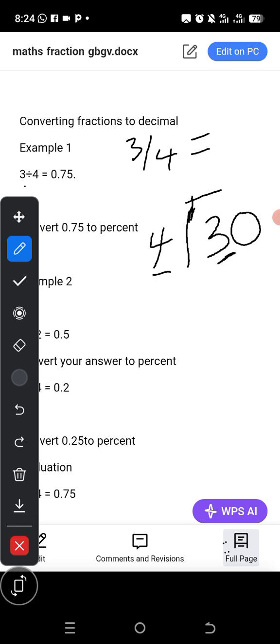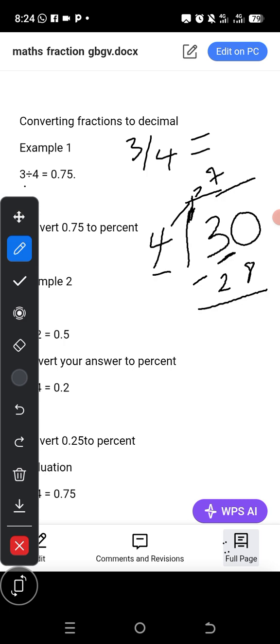So 30 divided by 4 will give us 7. You write your 7. Now you say 4 multiplied by 7, and that will give you 28. You write your 28. Then you subtract 28 from your 30.